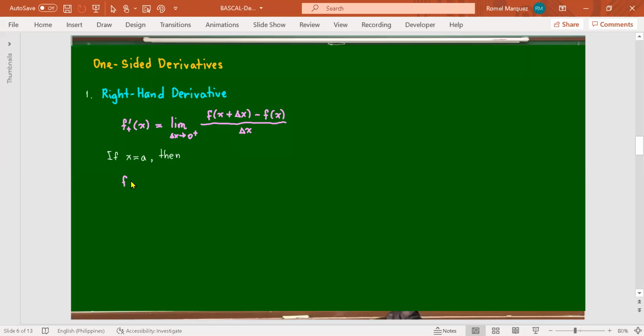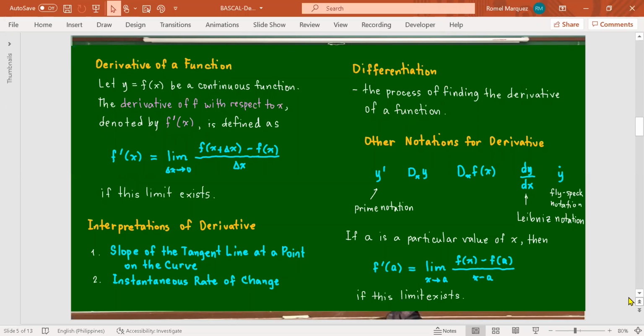So I now have f prime at a. Kaya lang may plus dito, I mean derivative from the right. And it is equal to the limit as x approaches a, kaya lang this time from the right. Kagaya lang dito kanina. Kaya lang lalagyan nyo ng from the right. Okay?